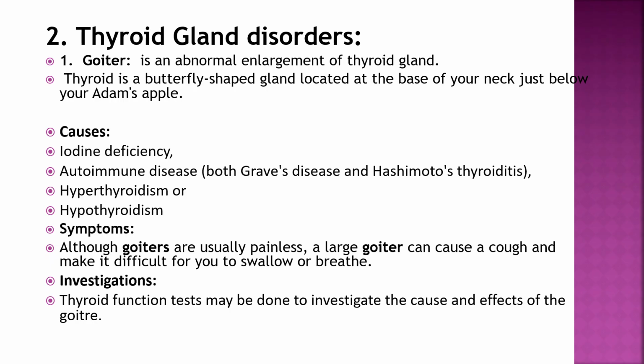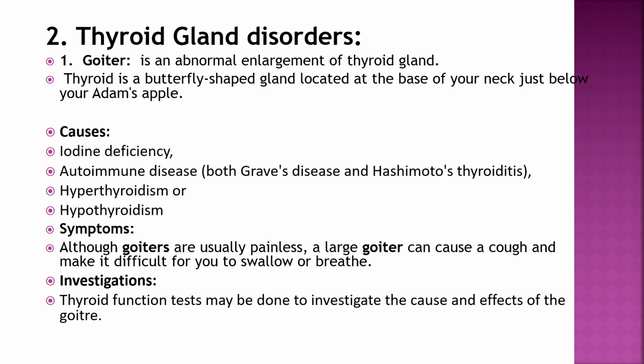The second gland is the thyroid gland, and the first disorder is goiter. Goiter is abnormal enlargement of the thyroid gland, a butterfly-shaped gland located at the base of the neck just below the Adam's apple. Causes for goiter can be iodine deficiency or autoimmune diseases like Graves' disease or Hashimoto's thyroiditis, hyperthyroidism or hypothyroidism.